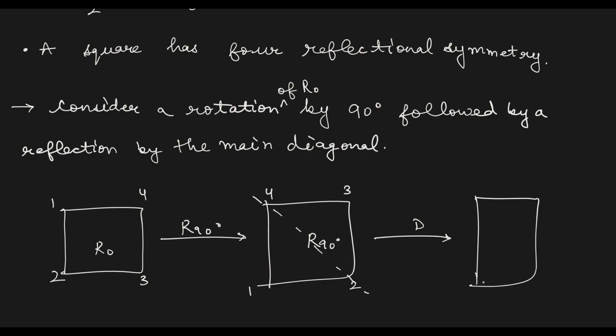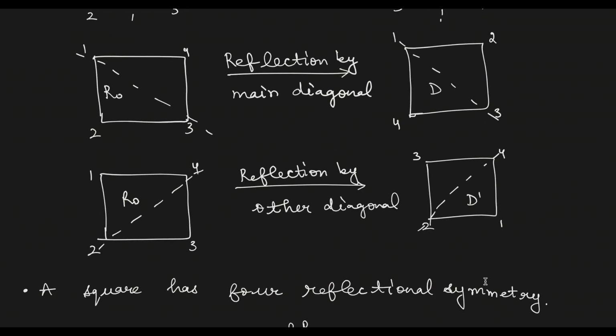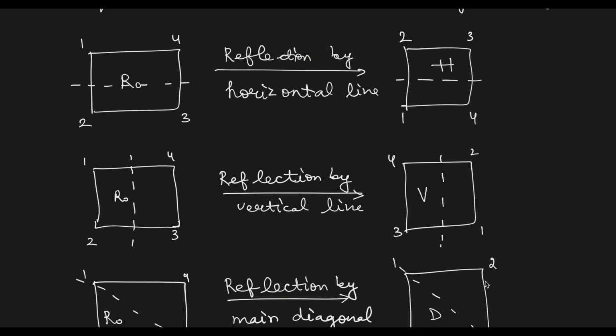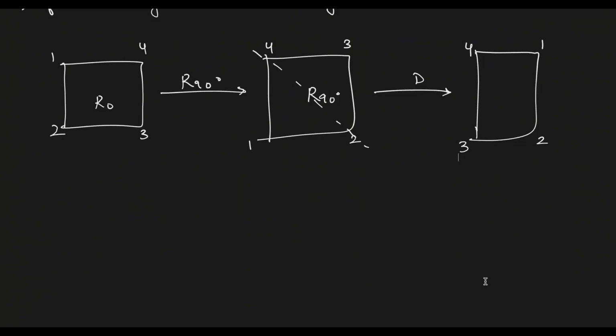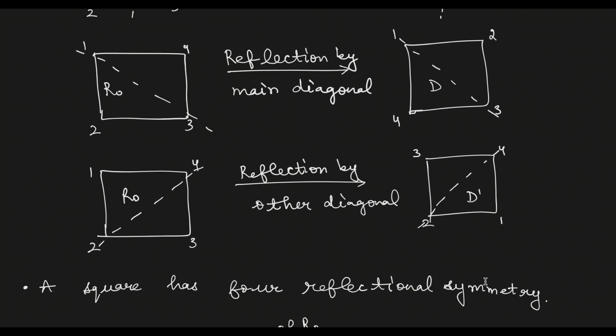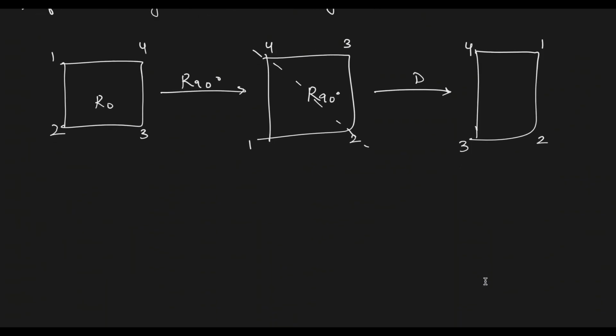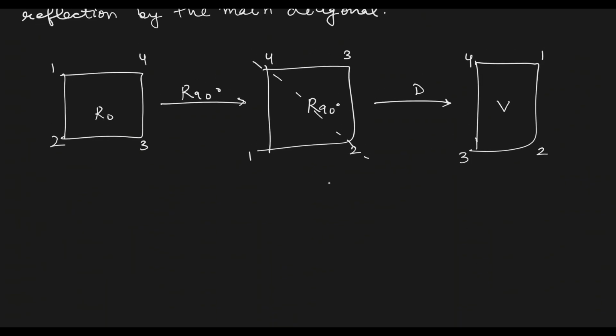So this will be 1, 4, 3, 2. One, 4, 2, 3. One minute. This is B.